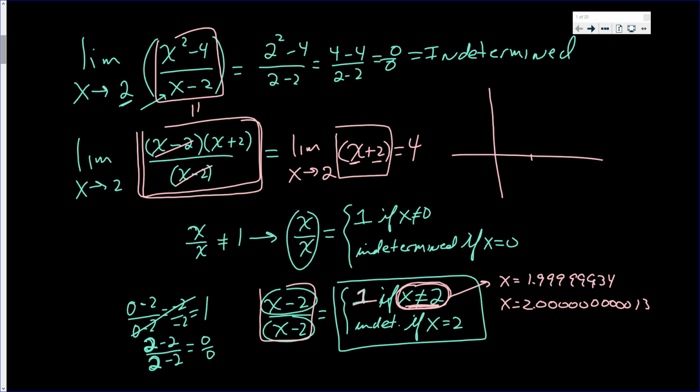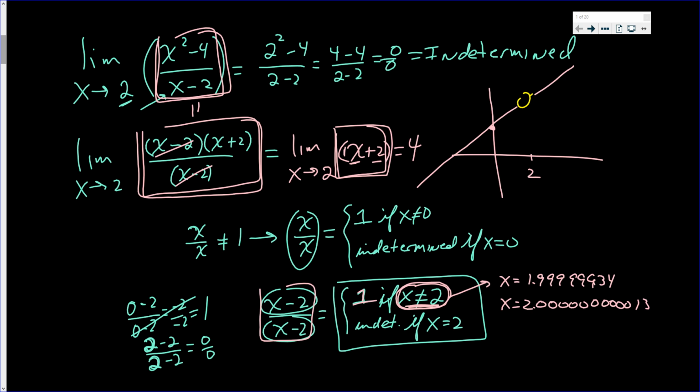So, if you were to draw this function, it will look just like x plus 2. Y-intercept of 2, slope of 1. It will look exactly like this, with one exception. At 2, you have an open circle. It's not defined.